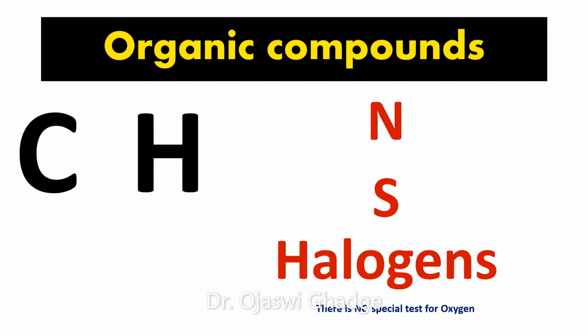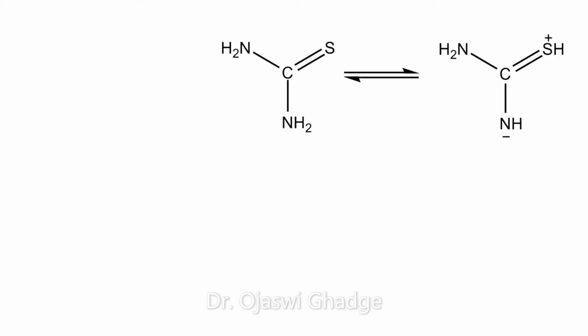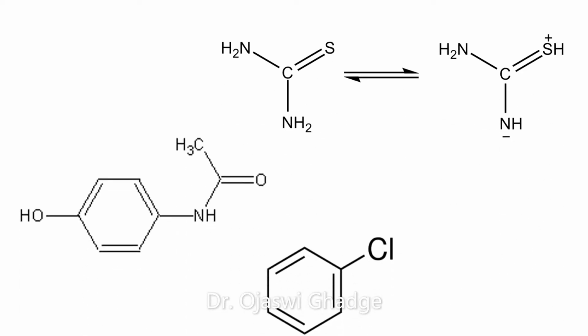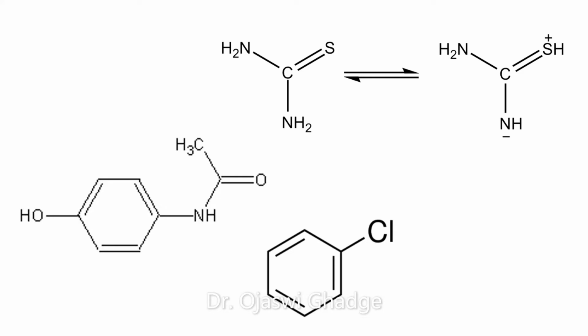Now there is no special test for oxygen, but when all these elements join together to make any of these compounds, they are joined by covalent bonds, and in order to detect them, the elements need to be converted into their ionic forms.